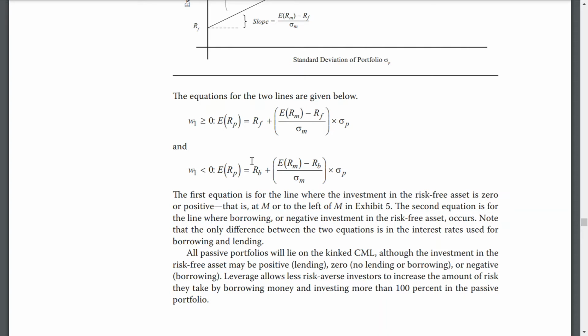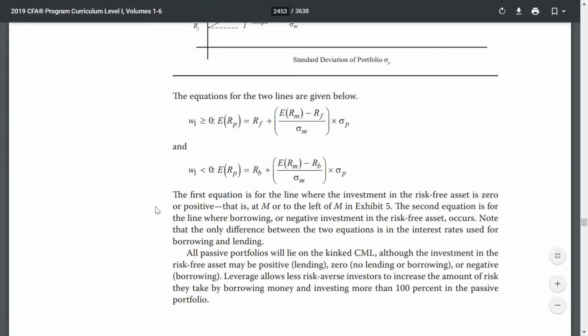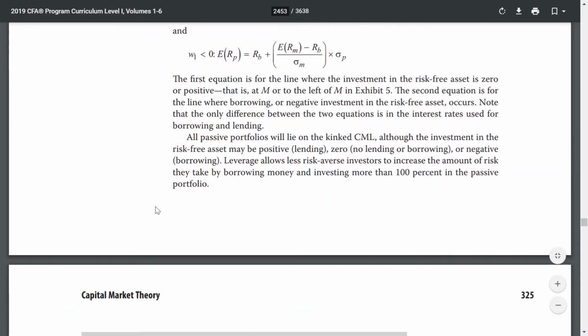All passive portfolios will lie on the kinked CML, although the investment in the risk-free asset may be positive (lending), 0 (no lending or borrowing), or negative (borrowing). Leverage allows risk-averse investors to increase the amount of risk they take by borrowing money and investing more than 100% in the passive portfolio.